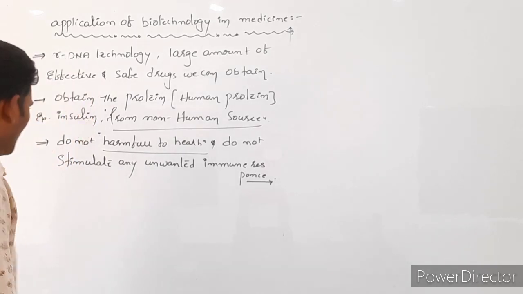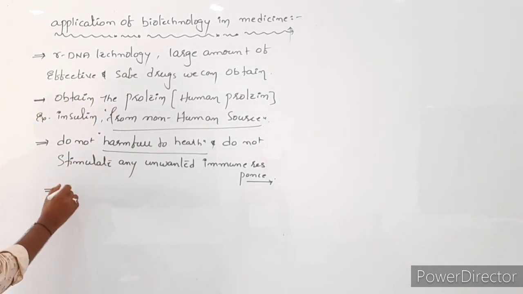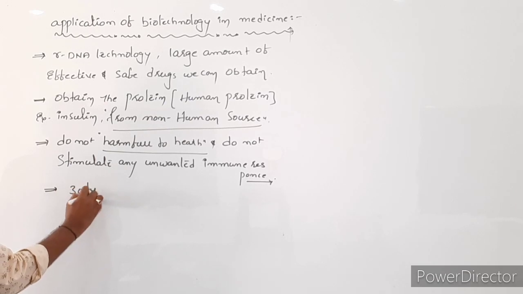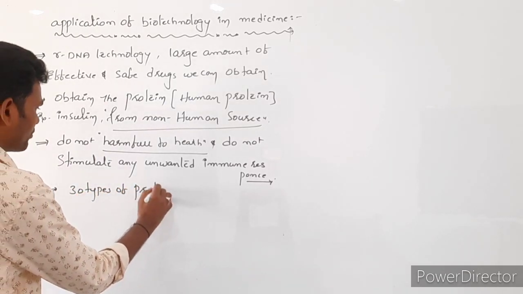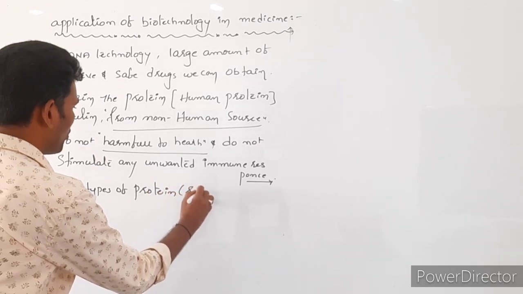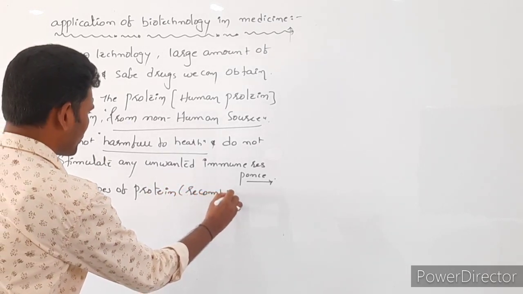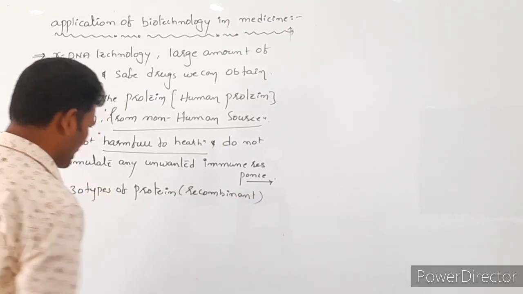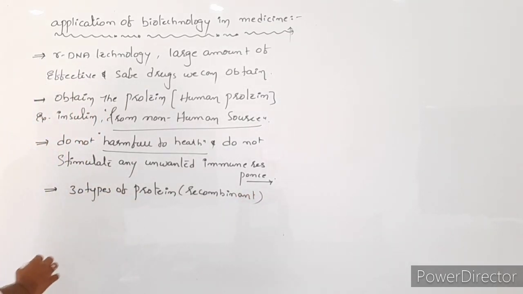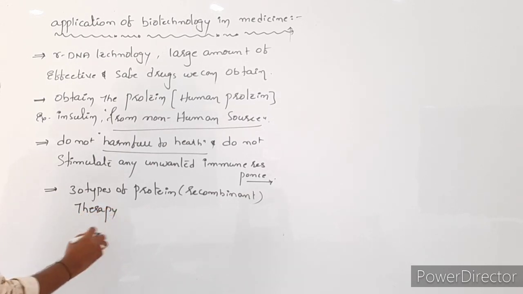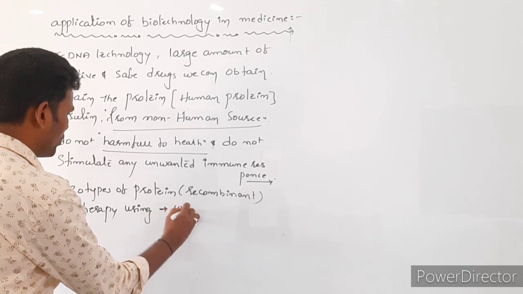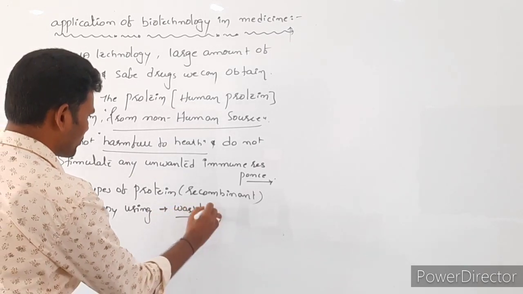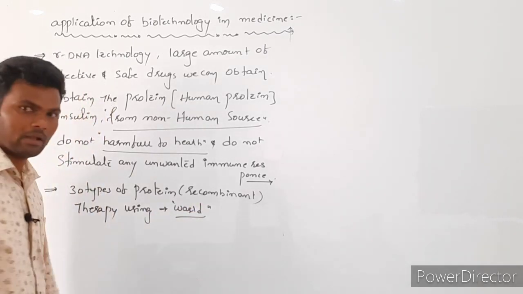Clear? And again, nowadays we have nearly 30 types of recombinant proteins, or 30 types of proteinaceous therapies, being used and also available throughout the world.